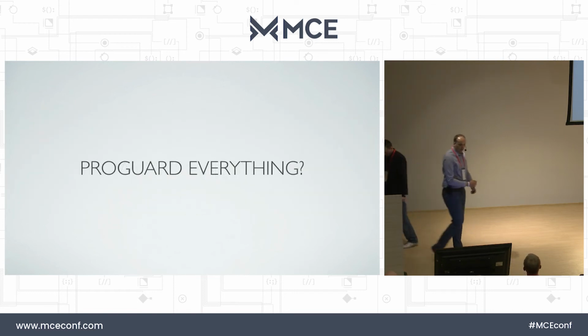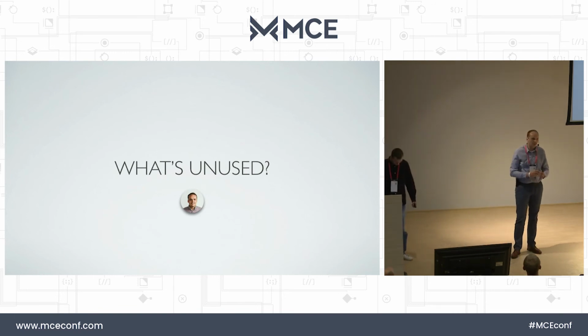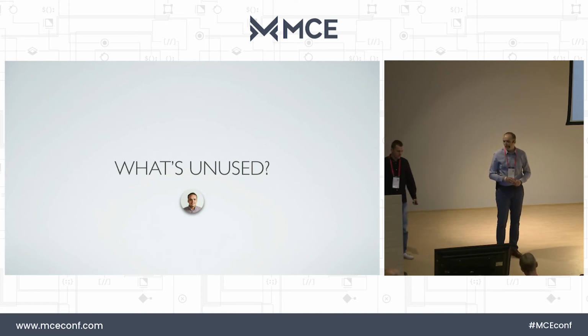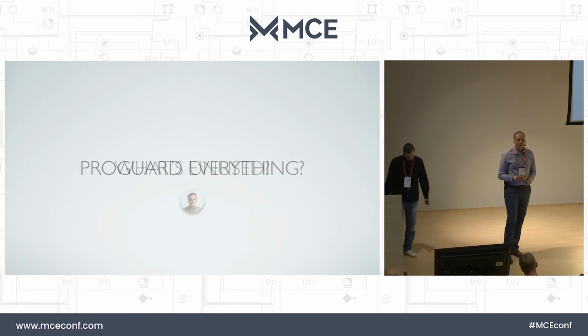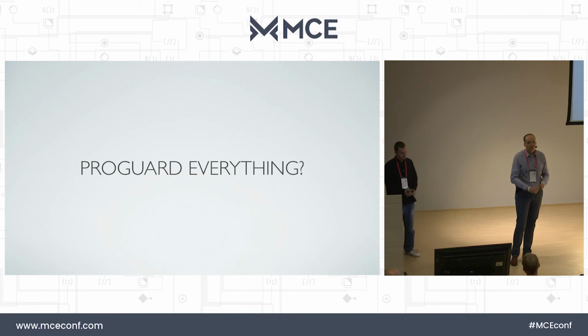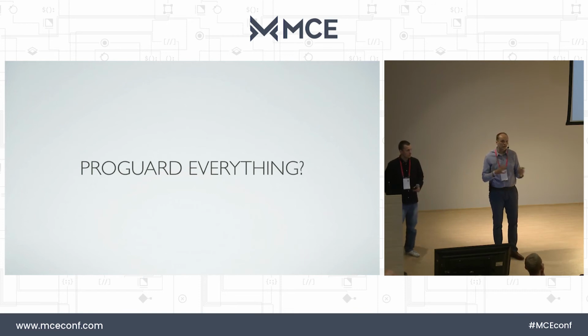Of course. Okay, so the next part in reducing APK size might seem quite obvious. It is just to answer the question: what is actually unused in our APK? When we are thinking about unused things, the first thought you might have is just to run ProGuard and we are done, right? That's an absolutely valid thought, but unfortunately ProGuard only cares about your code.